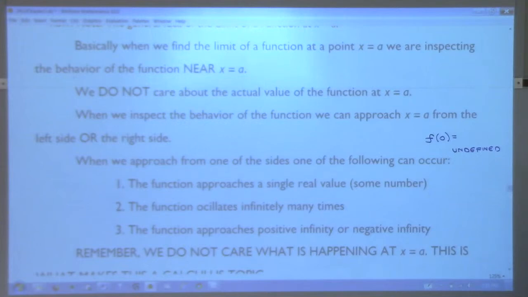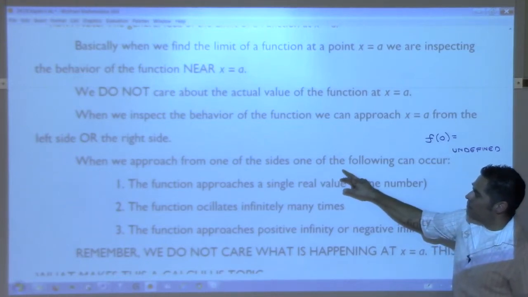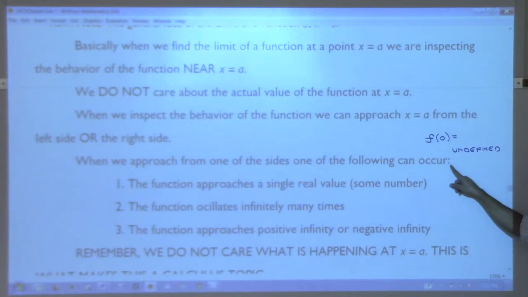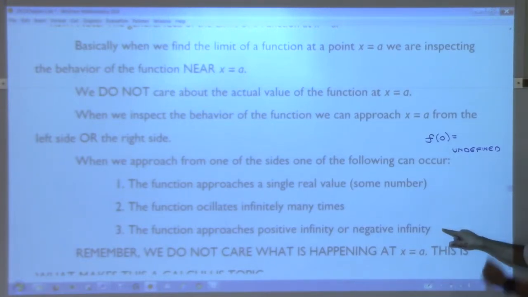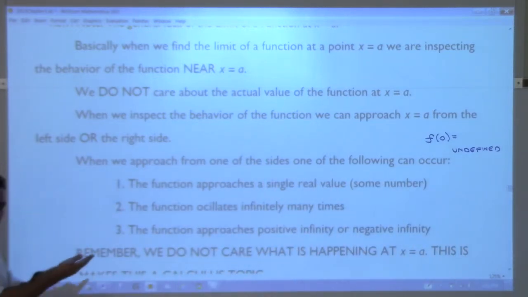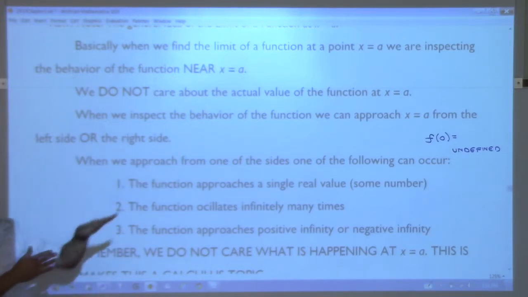When we inspect the behavior of the function, we can approach a from the left or the right side. When we approach from one of the sides, these are the only possibilities of what can happen. Either the function approaches a single value, like it's headed towards 8, or it's headed towards 1.